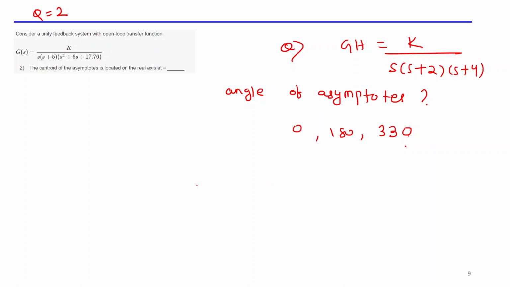What is the angle of asymptote formula? 2q plus 1 into 180 divided by p minus z, sir. Yes, p minus z.